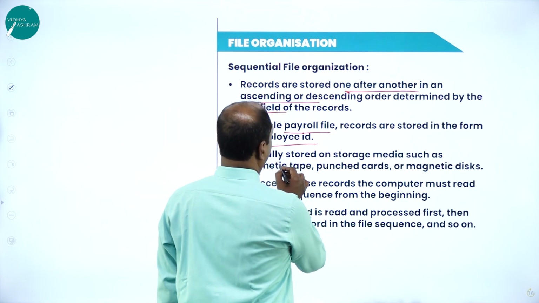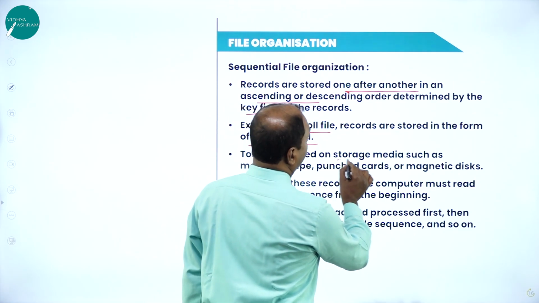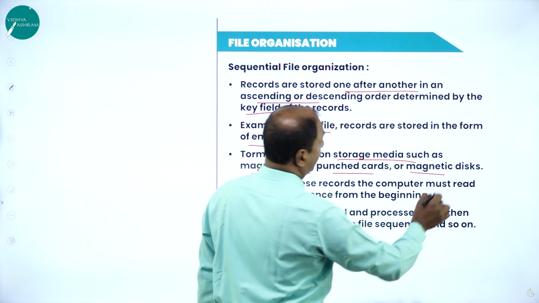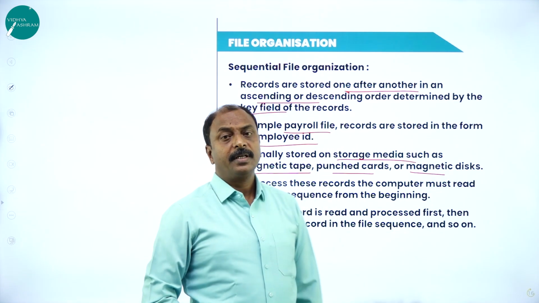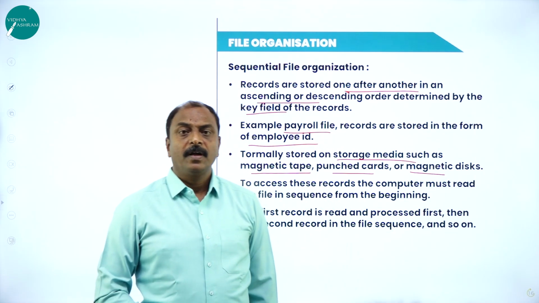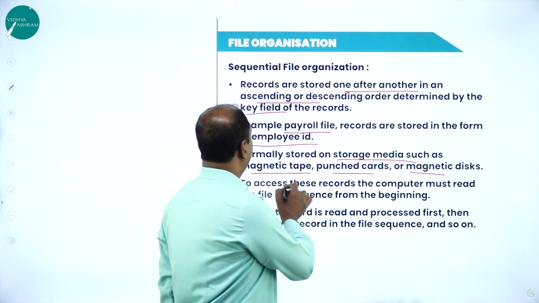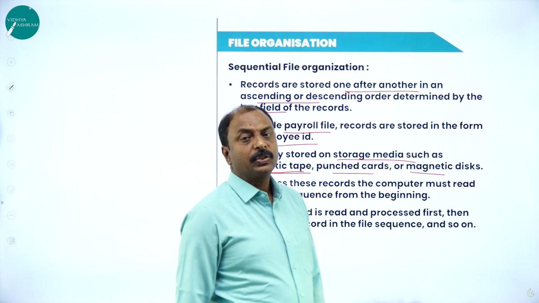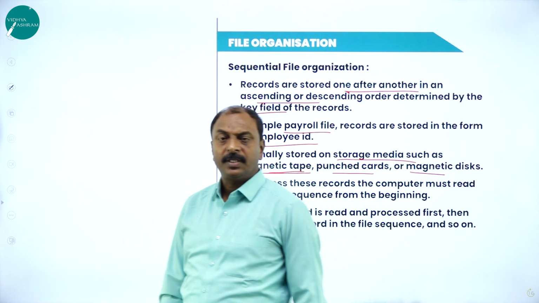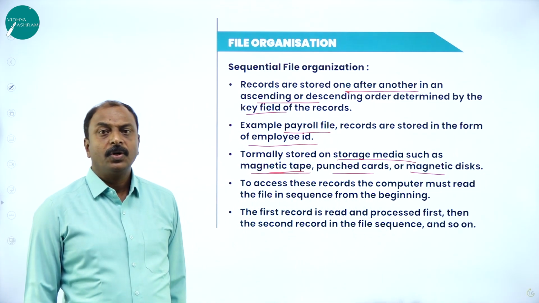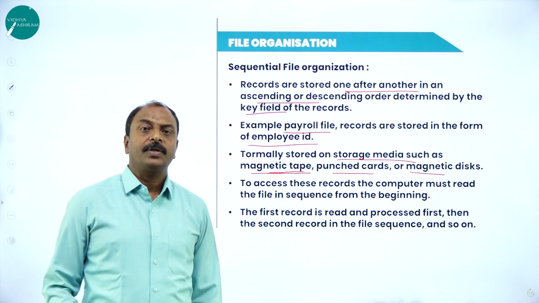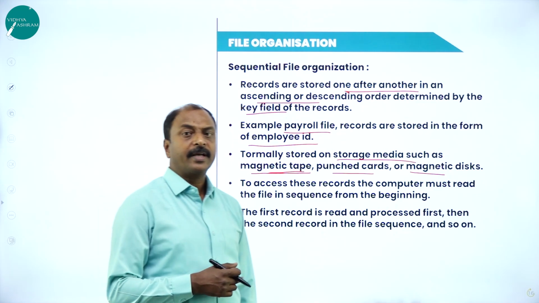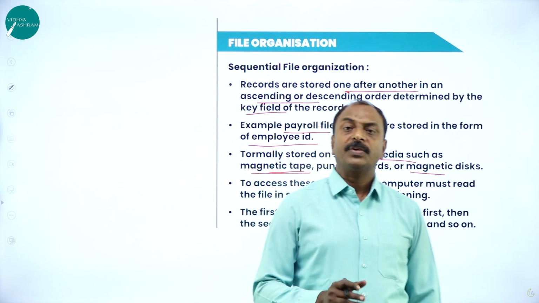Next, it is normally stored on storage media such as magnetic tape, punched card, and magnetic disk. With respect to computer systems, a very good example is magnetic tape. Magnetic tape is a storage medium where we can store data for computers. It is almost similar to the audio cassette we used earlier. In an audio cassette, the records are stored one after another.